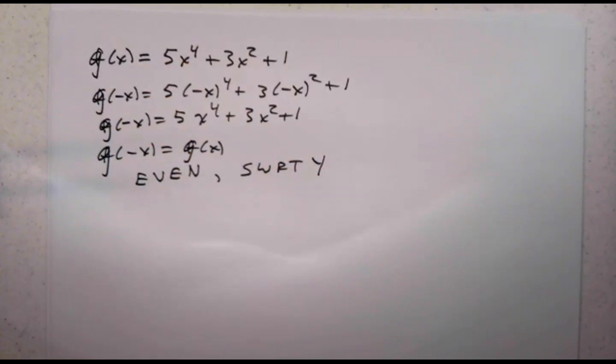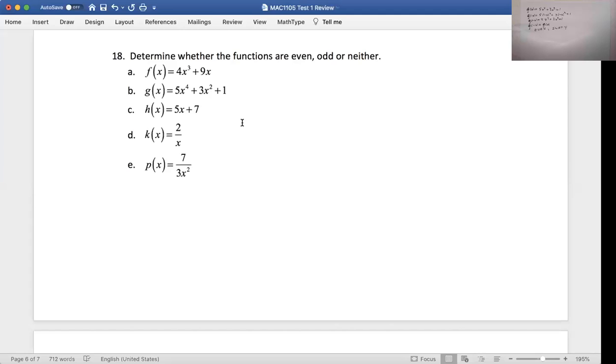All right, our next example is h of x is 5x plus 7. So we're going to look at h of negative x. If h of negative x is the same as h of x, it's even. If h of negative x is the opposite of h of x, it's odd. What do I get? 5 times negative x plus 7.